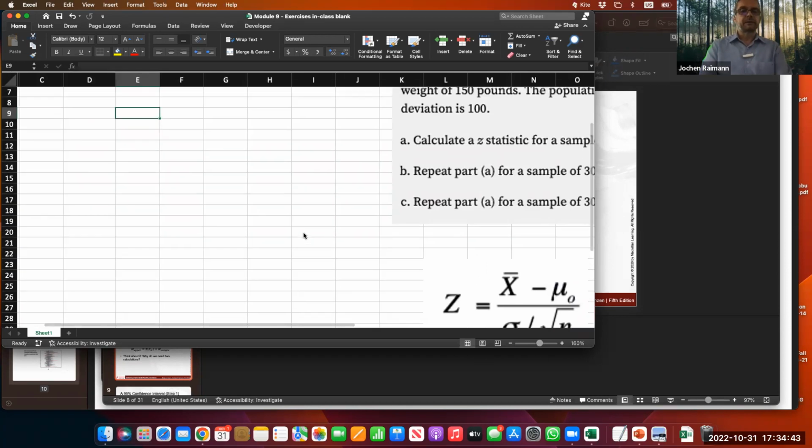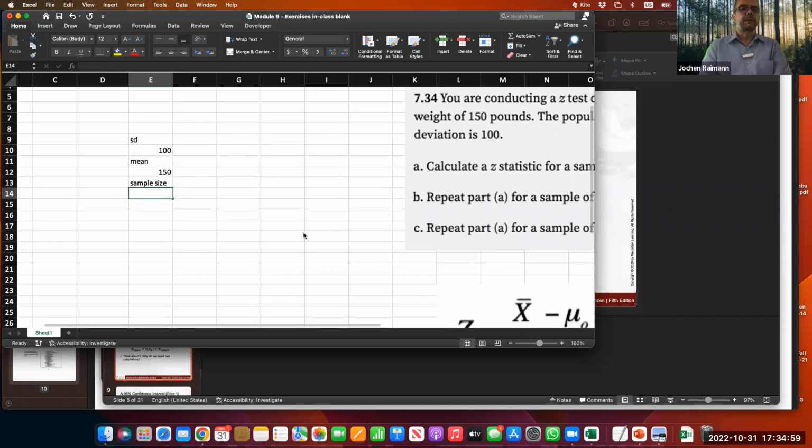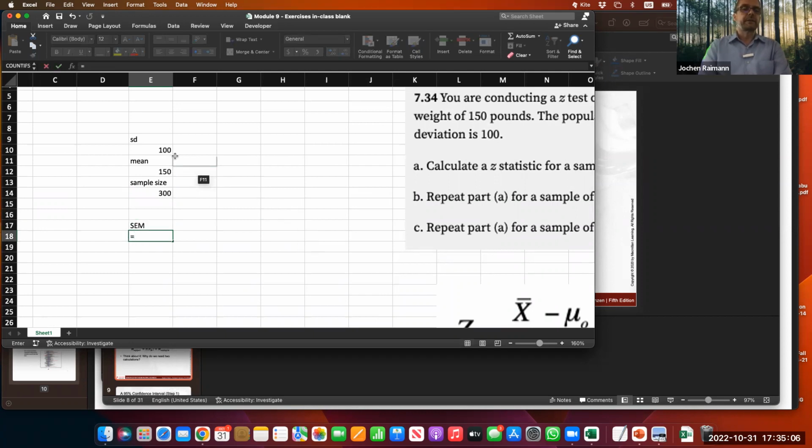The sample size is 300. So your standard error of the mean is the standard deviation divided by the square root of the sample size, right? So that's 5.77.